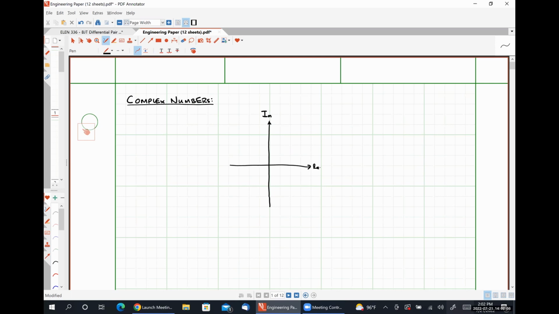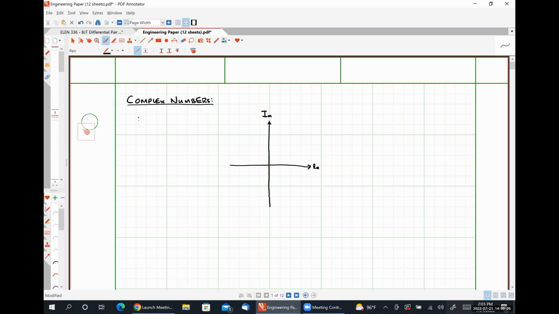Okay. So effectively, the real number axis is just the number line that we learned about in elementary school, or at least I learned about in elementary school. And then perpendicular to that real number line is an imaginary number line, okay? And so a complex number is simply a number that contains both real and imaginary components.